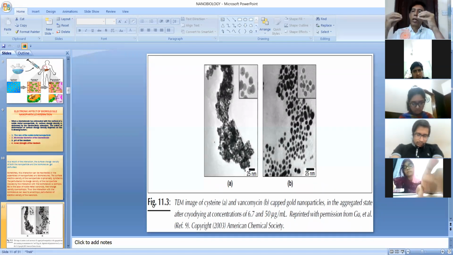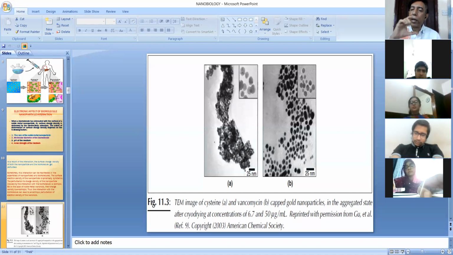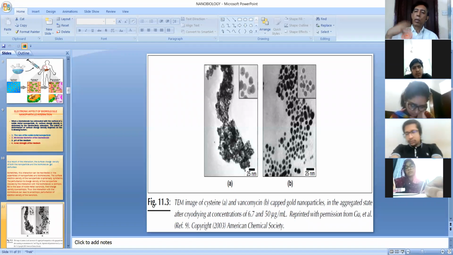Agglomeration means one nanoparticle is attached to another nanoparticle, which will be attached to another nanoparticle. That is agglomeration. If a high amount of agglomeration is there, the particle will not be nano, it will be a bulk material. So the agglomeration should be small to make a nanoparticle.